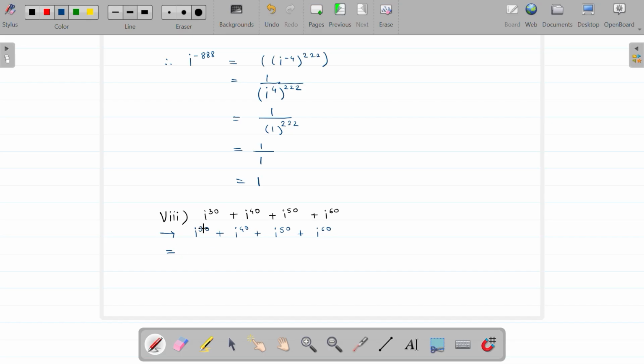For this i³⁰, this can be written as i⁴ into 7, 7 fours are 28, into i², plus for this 40, i⁴ into 10, 10 fours are 40.